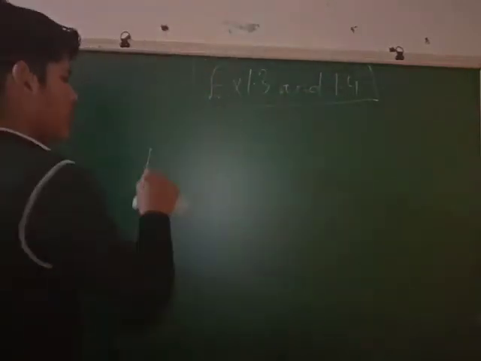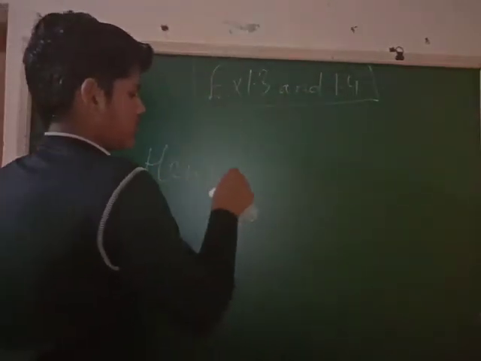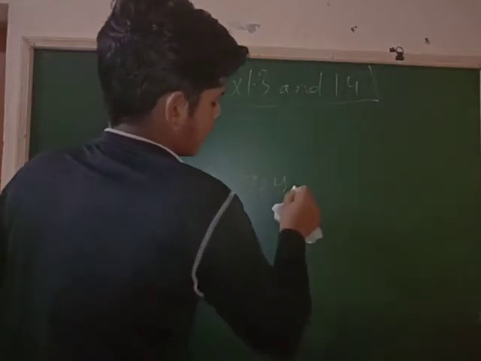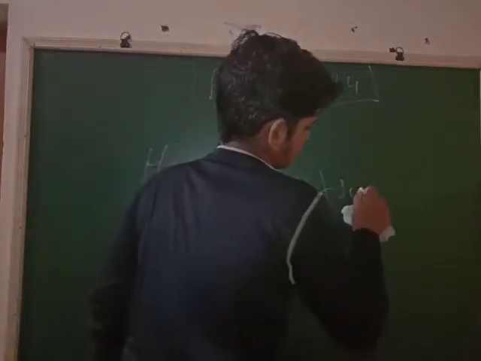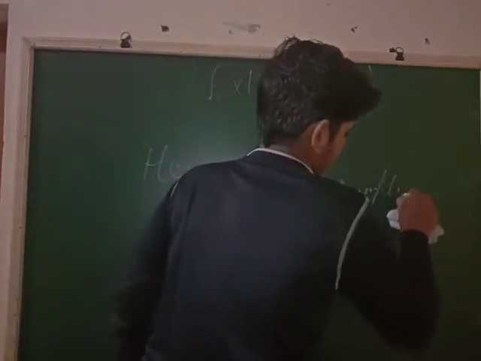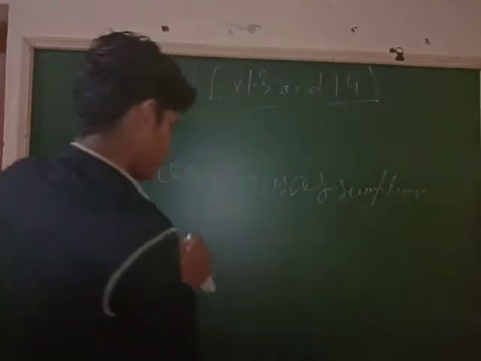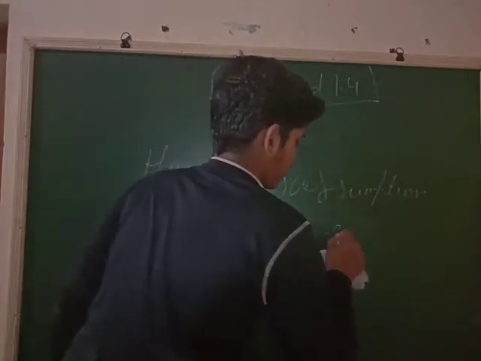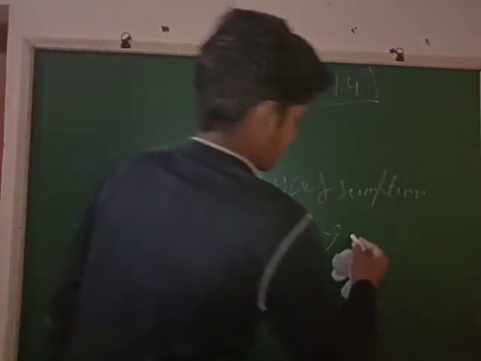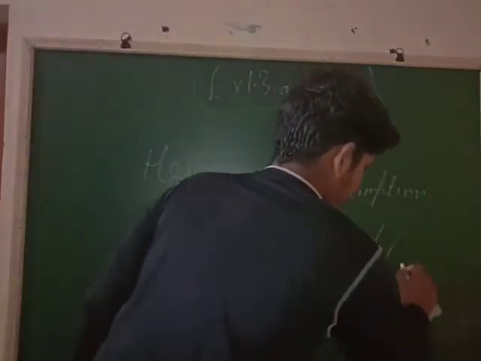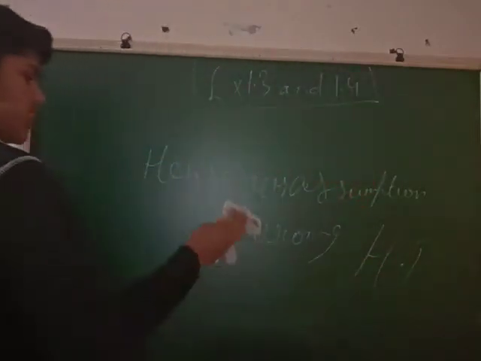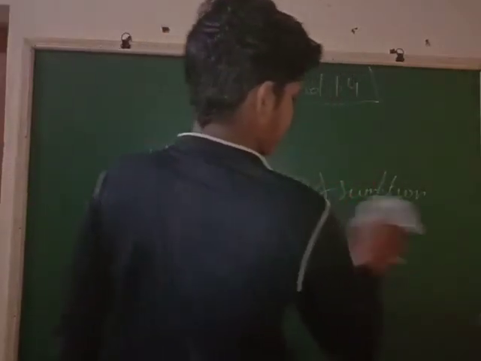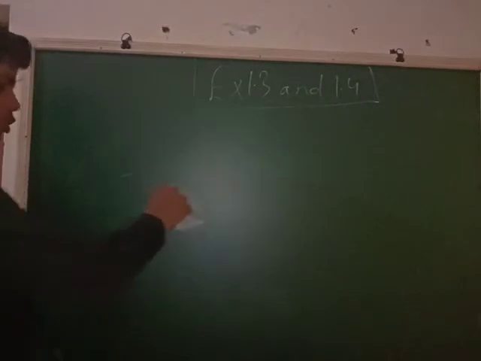Hence, our assumption is wrong. Please don't go on my writing. Hence, proved root 5 is an irrational number, which generally comes for 3 marks in our board examination.